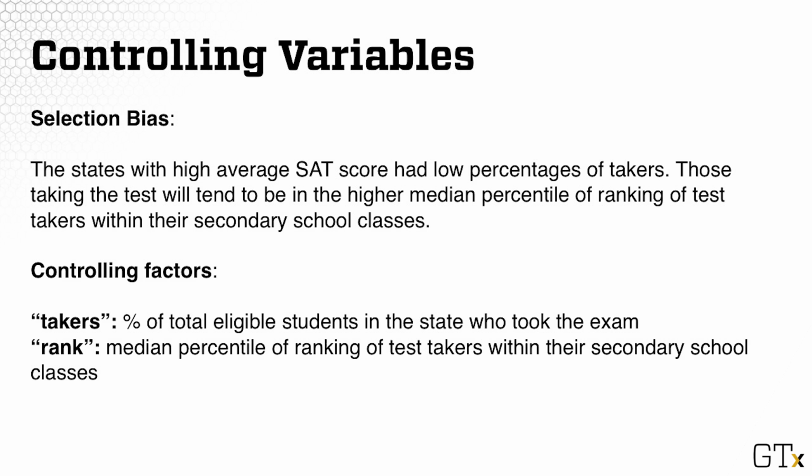As the percentage of takers increased for other states, so did the likelihood that the takers included lower qualified students. Thus, in this example, two variables can be used to control for this bias selection, which are the percentage of students taking the SAT, or takers, and the median percentile of ranking of test takers within the secondary school classes, which is rank.